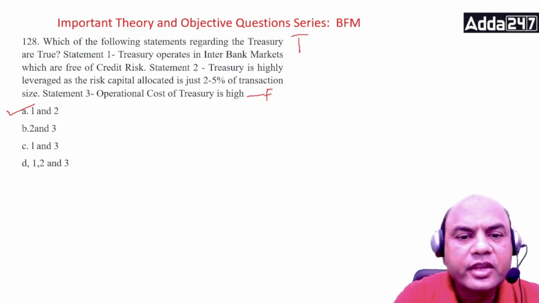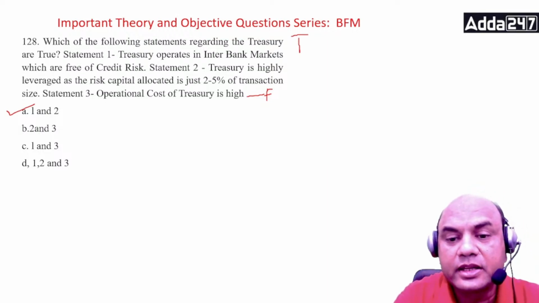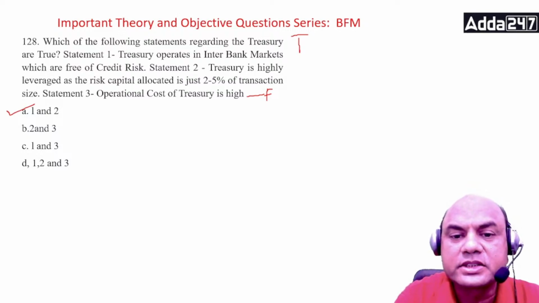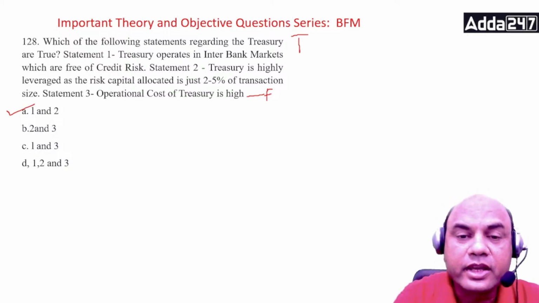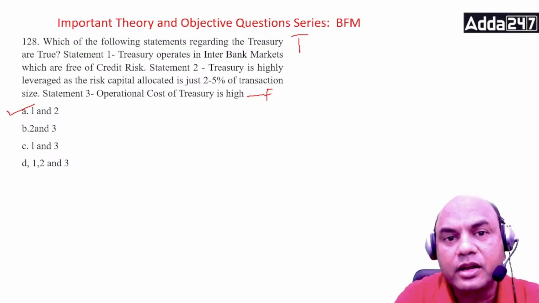The second thing is highly leveraged, and that is also true. Why highly leveraged? Because the capital allocated is just 2 to 5% of the transaction size. Suppose I give treasury rupees 100, that treasury can make out of that 100 roughly 10,000 rupees.